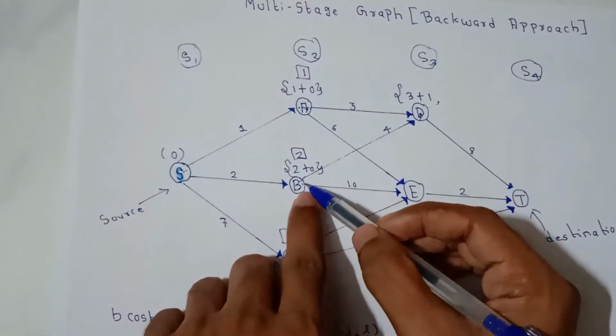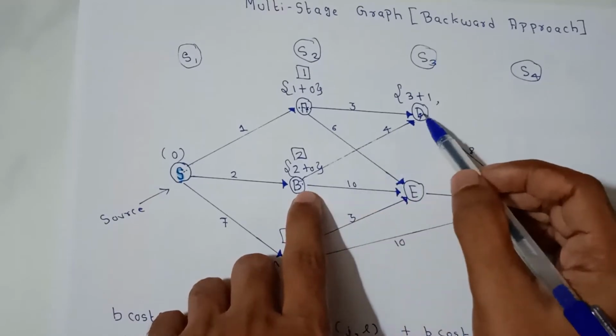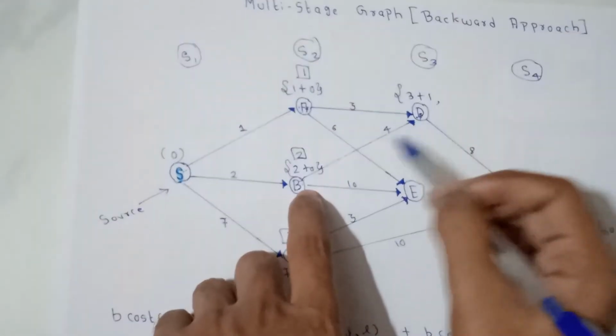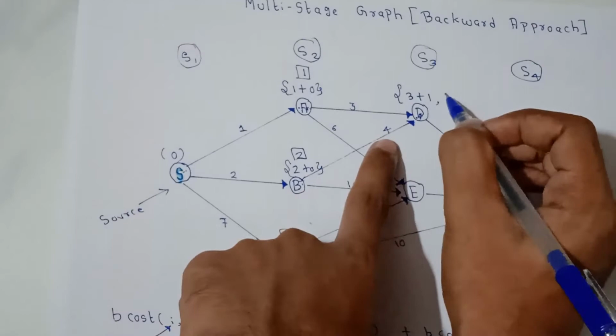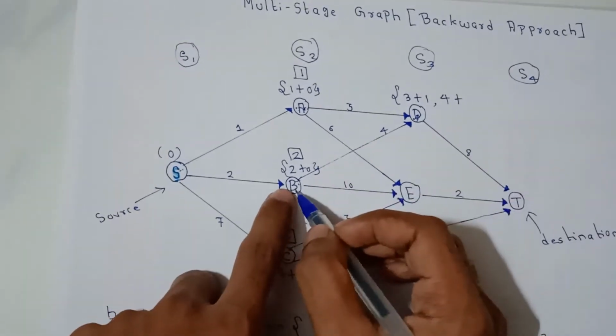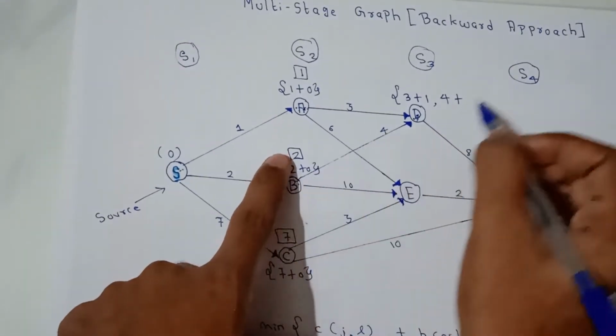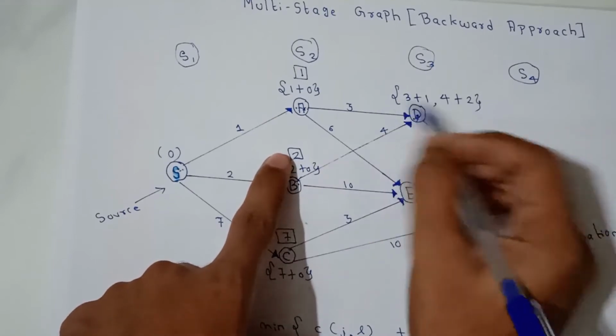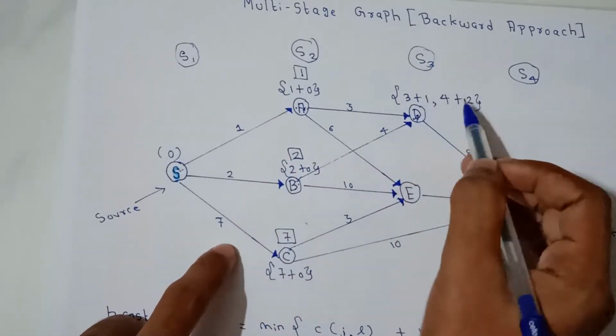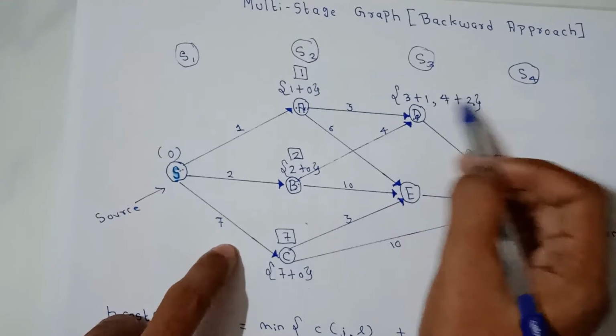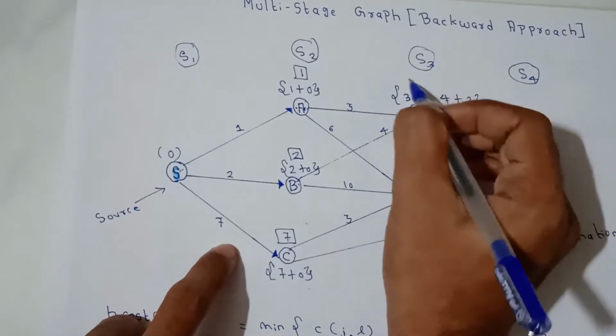Then we have another path, that is from B to D. This edge cost is 4, as given here, plus the cost of node B, that is 2. So we take the minimum of these costs: 3 plus 1 is 4, and 4 plus 2 is 6. So the minimum is 3 plus 1, that is 4.